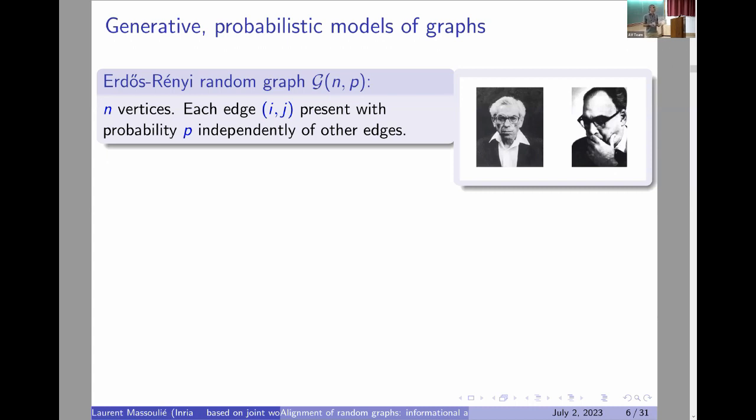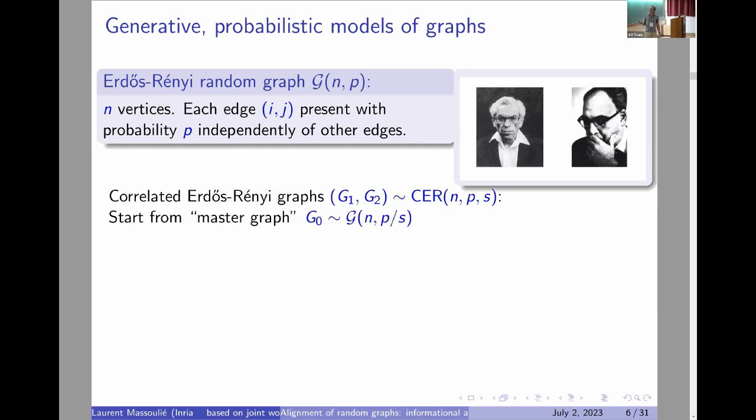Now we want two graphs, not just one graph. So this is what we are going to describe now. Instead of one random graph, we'll have two random graphs, and we'll want them to be correlated in the study I'm going to explain. So we do as follows in order to generate two Erdős-Rényi random graphs with parameters n for the number of vertices and p for the probability of an edge being present.